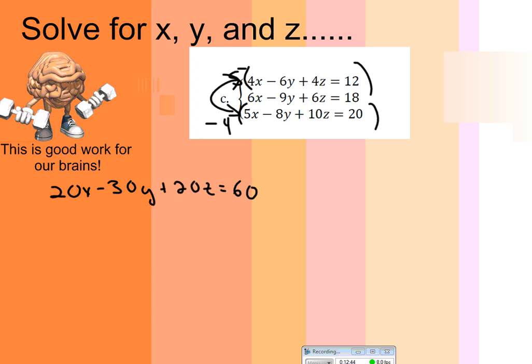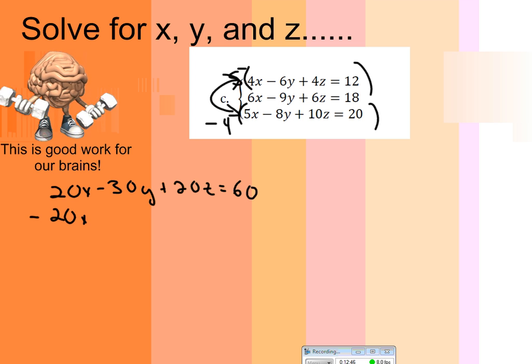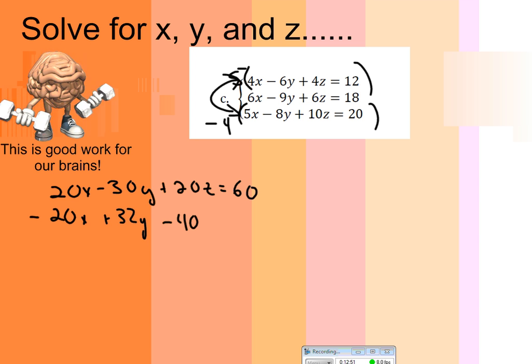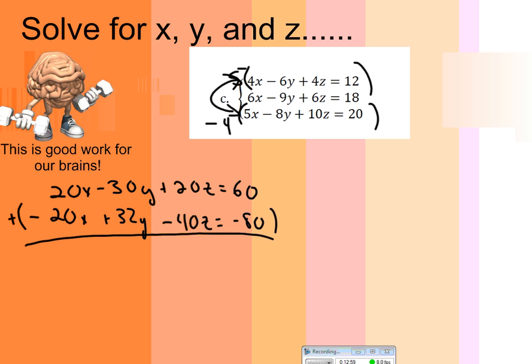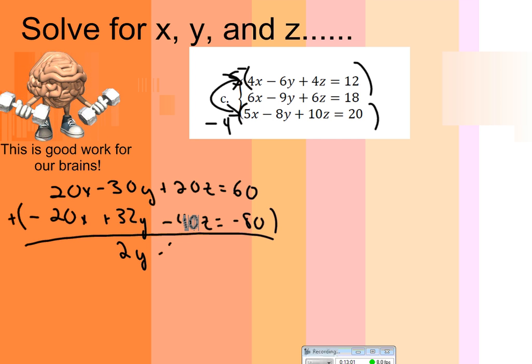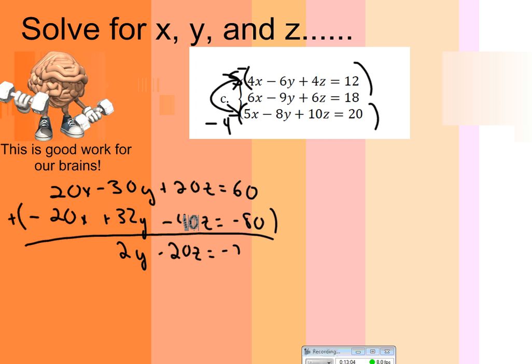The bottom one is going to be -20x plus 32y minus 40z, and that's going to equal -80. So now if it's already plus and minus, I'm just going to add these two. So that goes away. I get 2y minus 20z equals -20.